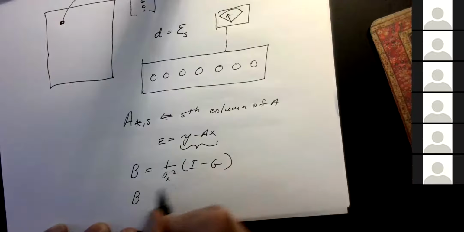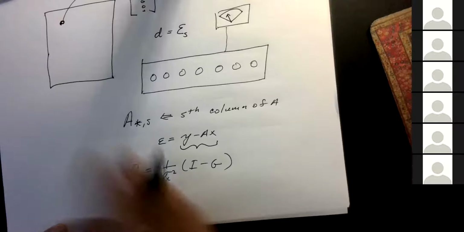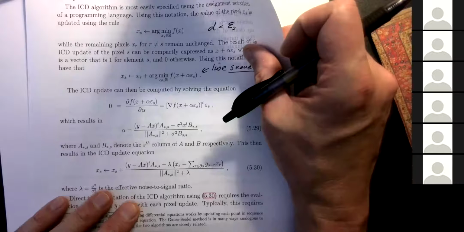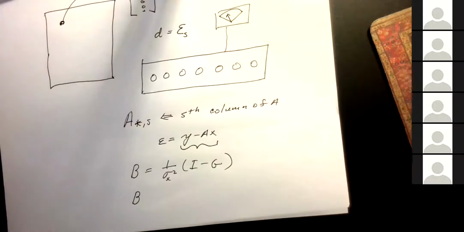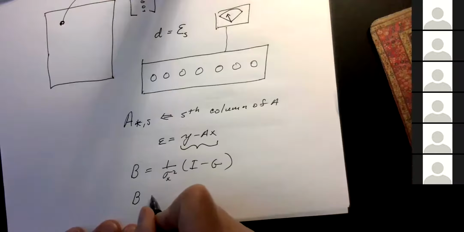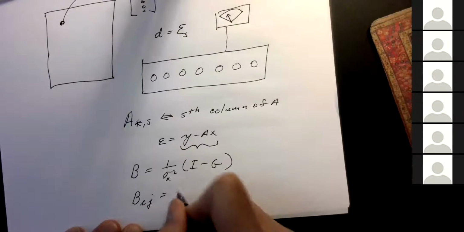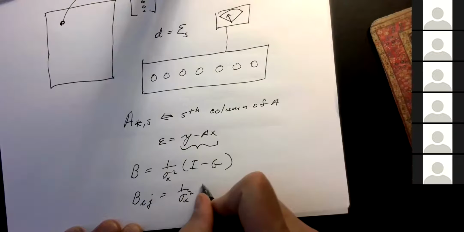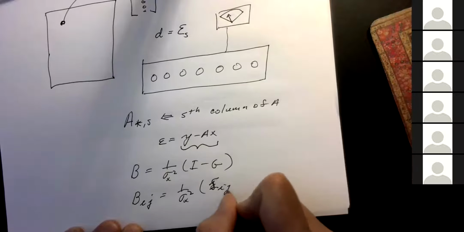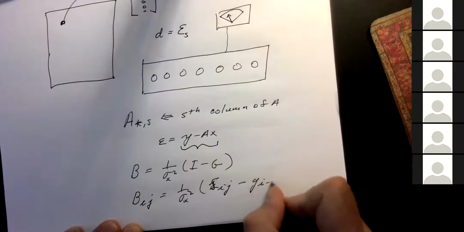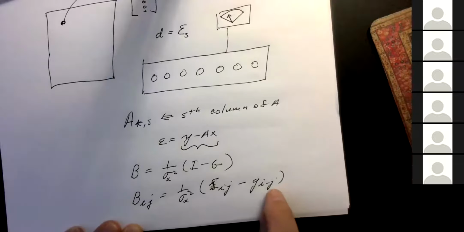Oh no, it's not built in. Right. So hold on. I have to look at this expression a little more carefully. X_s minus lambda. Oh, lambda here is defined as sigma over sigma x squared. That's a little tricky thing I did there. So B_ij is equal to 1 over sigma x squared times delta_ij minus g_(i-j), assuming that we have the non-causal predictor.